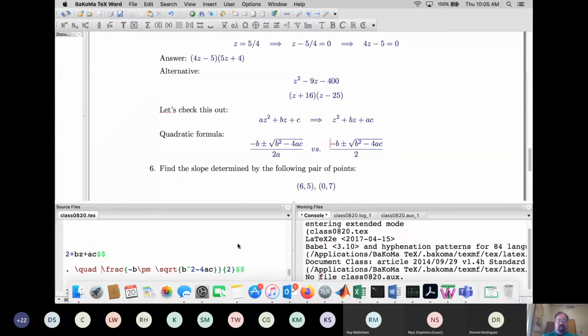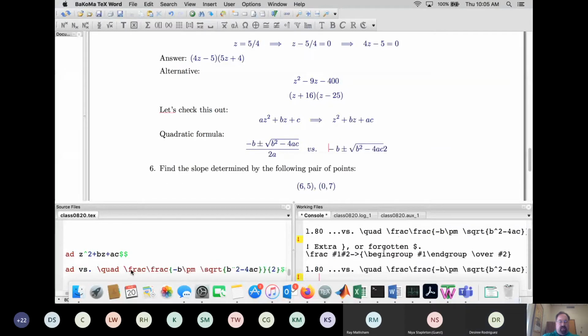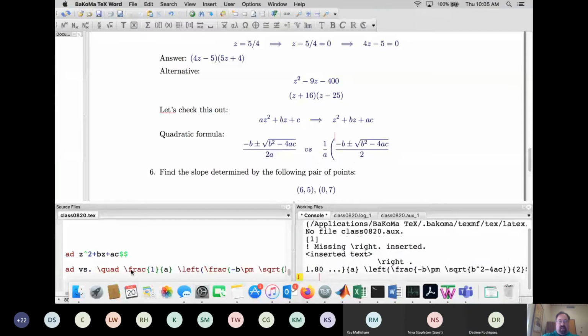So what I'm doing is showing everyone why the technique you described works, as long as you divide by a at the end. Yes, sir.